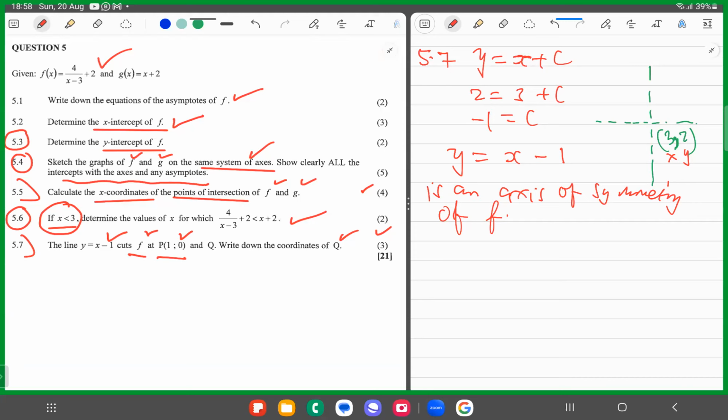we need to write down the coordinates of the point Q, if P has the coordinates 1 and 0.